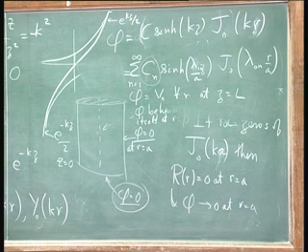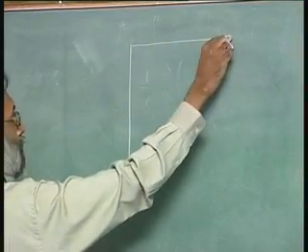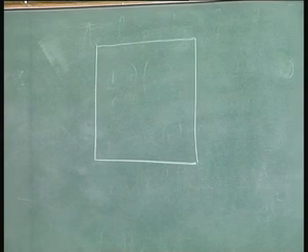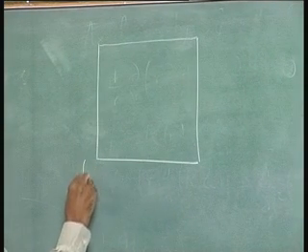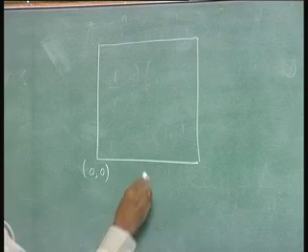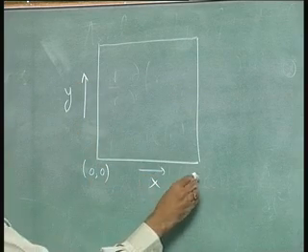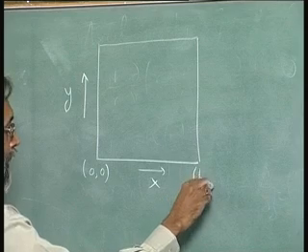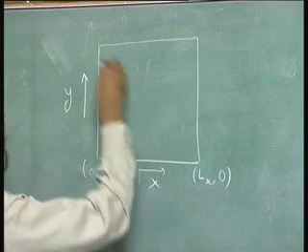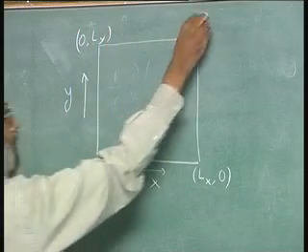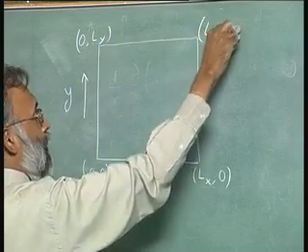So, I am now going to take up a problem where I have conducting walls. This is the origin, this is x, this is y, this is x equals Lx, y equals 0, this is x equals 0, y equals Ly, this is Lx, Ly.